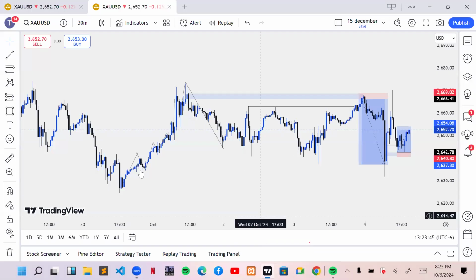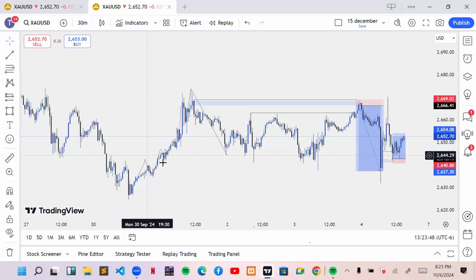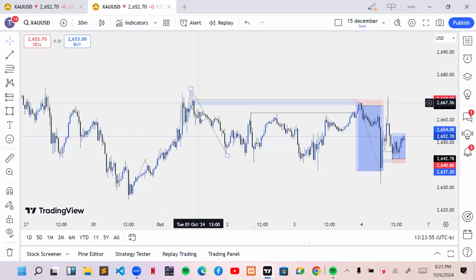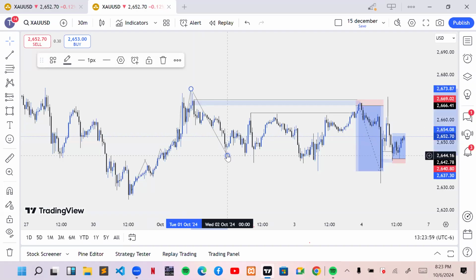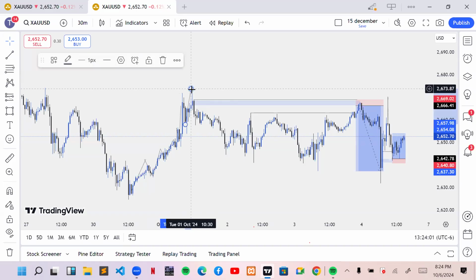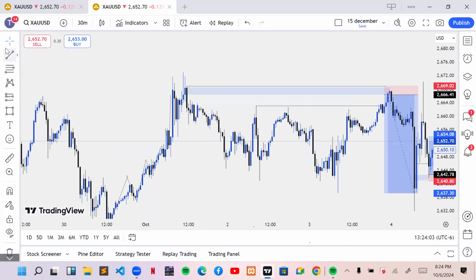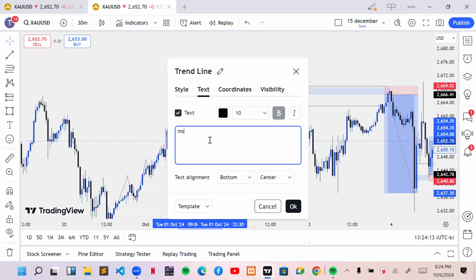So higher highs, higher lows, higher highs, higher lows. The market now broke down the last low and made a lower low. This here is an indication that the market is now turning bearish. The market structure shift happened right here. This was the last low, and the market took out that last low, now changing the trend of this market from an uptrend to a downtrend.